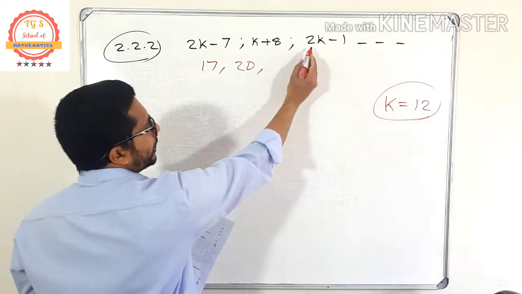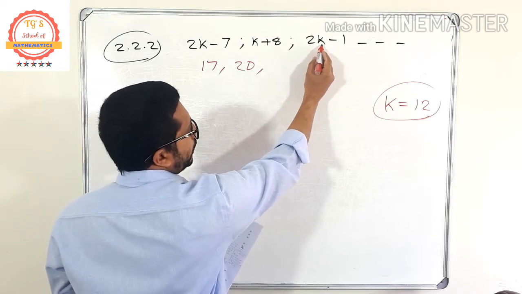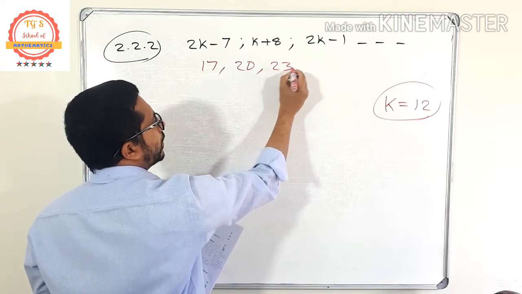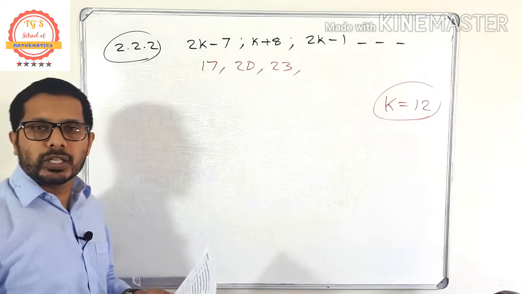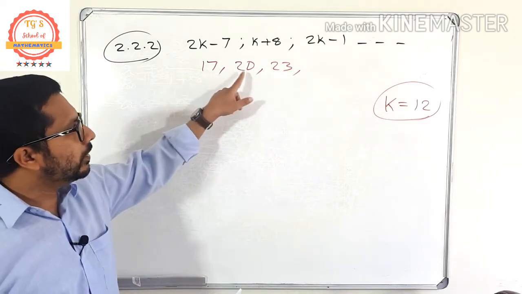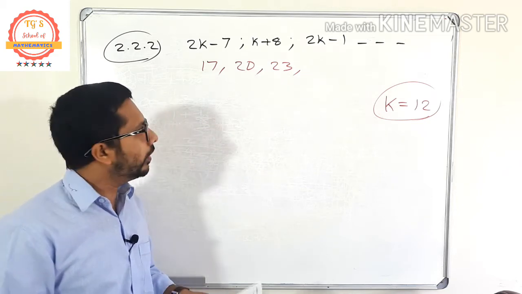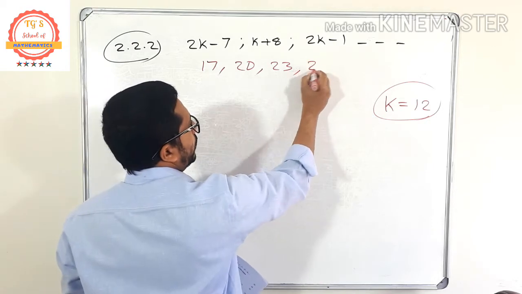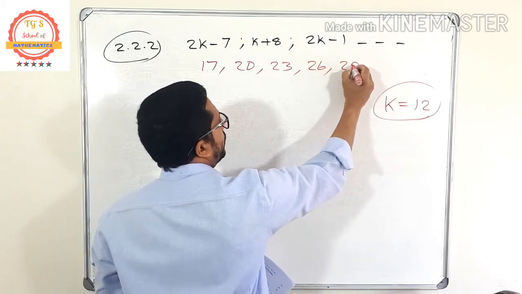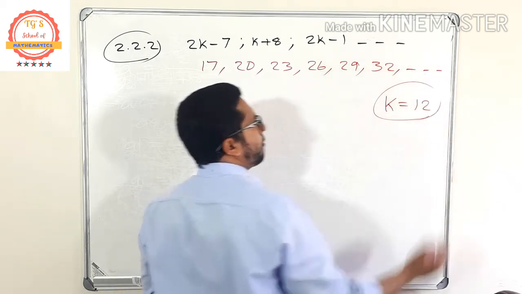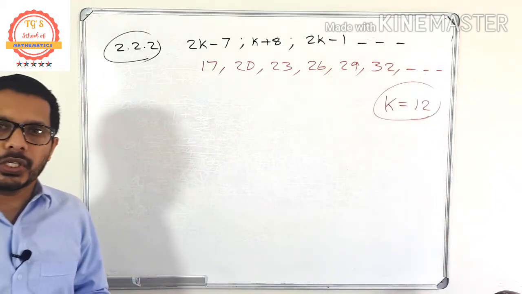Then I am substituting 2 times 12, 24. 24 minus 1 is 23. Can you say what is the next term? 17, 20, 23. You can see that the common difference is 3. So the next term is 26, next one 29, then 32, etc. So that is the sequence.